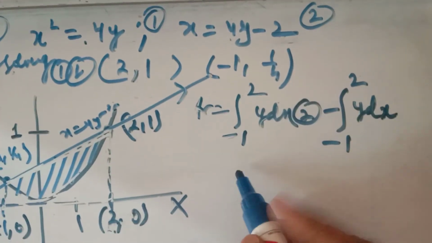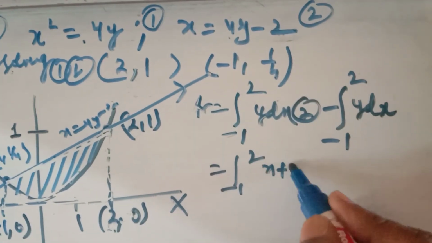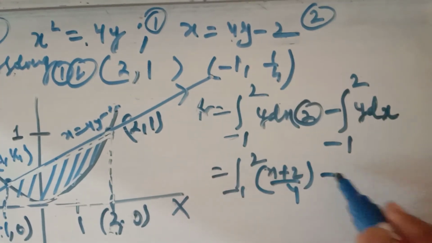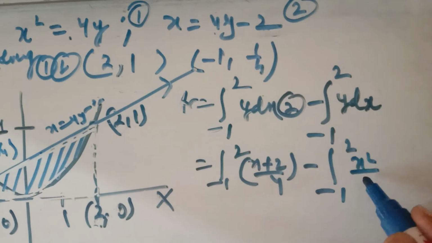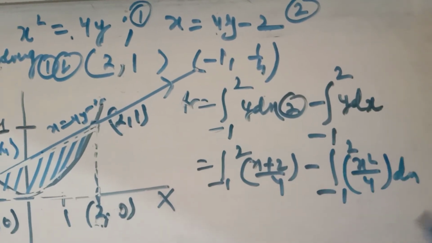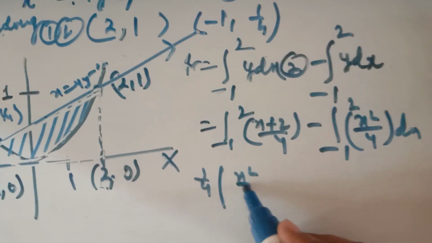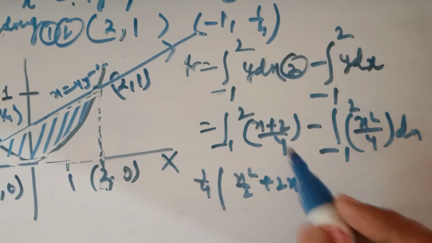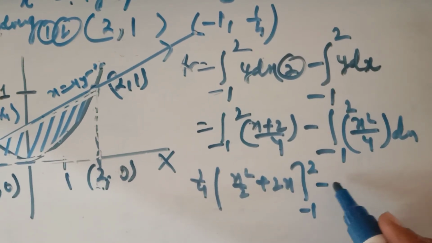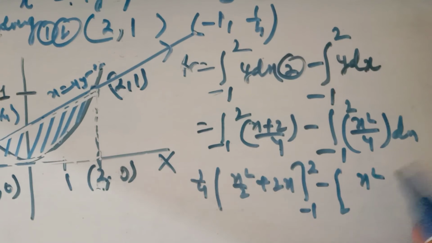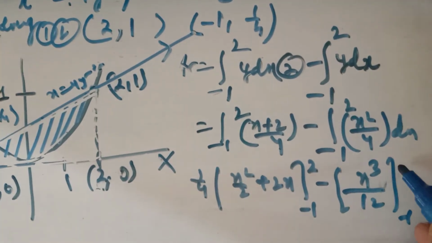Here the integration is somewhat easy. It is (1/4)[x²/2 + 2x] from −1 to 2, minus [x³/12] from −1 to 2.